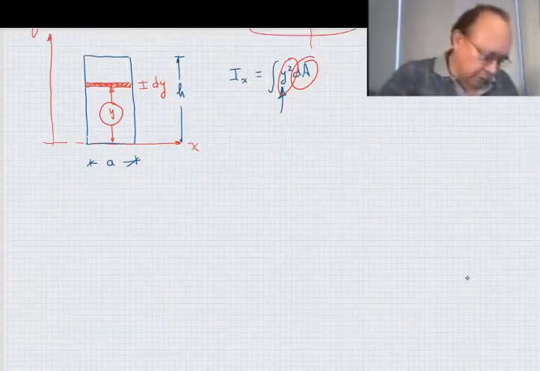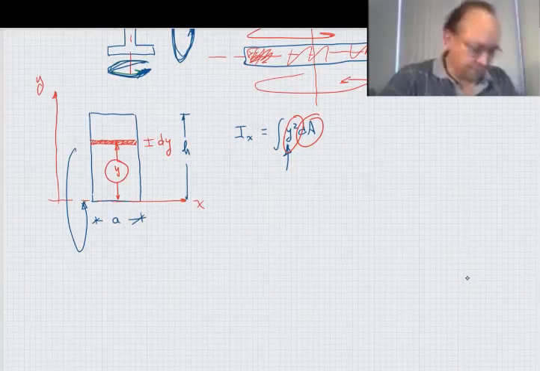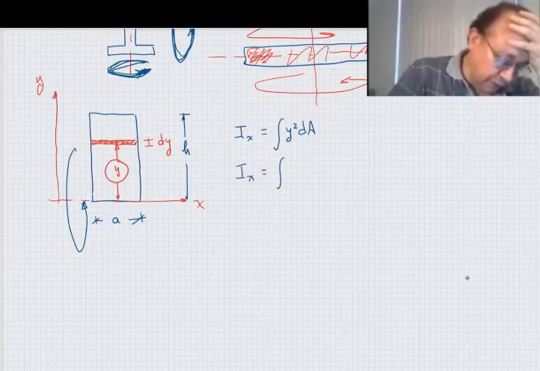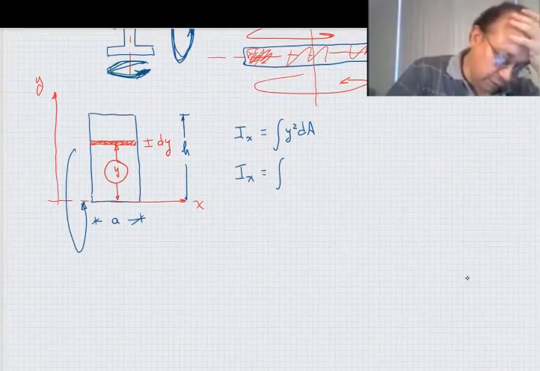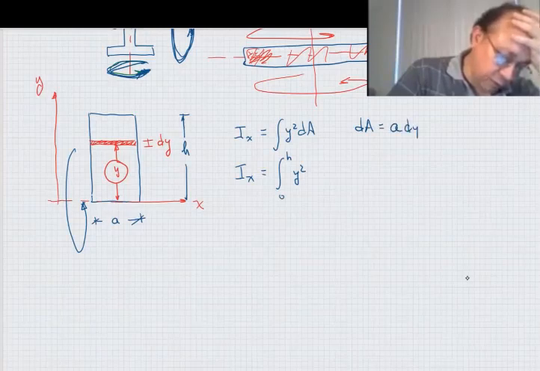So we're talking about the rotation of this rectangle like this around the x-axis. So Ix will be equal to the integral from y equals 0 to y equals h of y squared dA, where dA is equal to a dy.